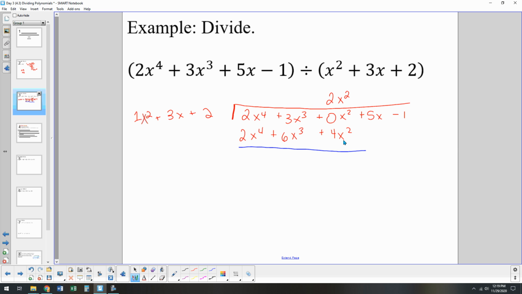But since I have multiple parts, we're subtracting each one. So those canceled. 3x to the 3rd minus 6x to the 3rd was negative 3x to the 3rd. 0x squared minus 4x squared is negative 4x squared. I'm going to bring down the next part, plus 5x.